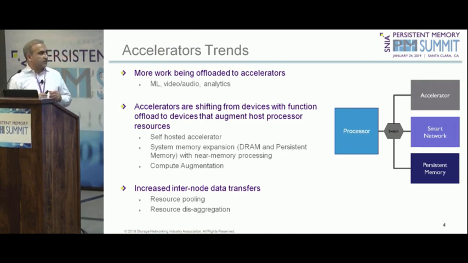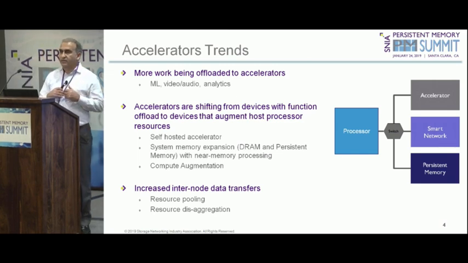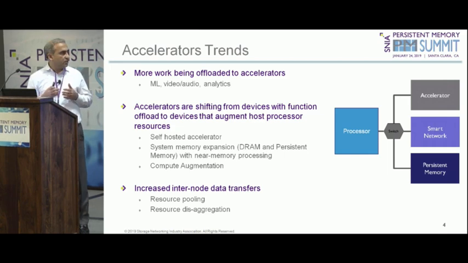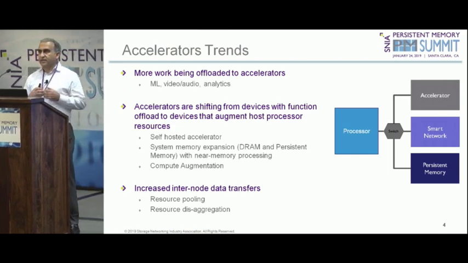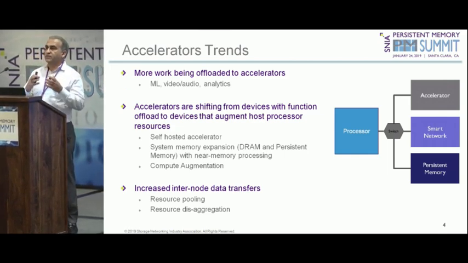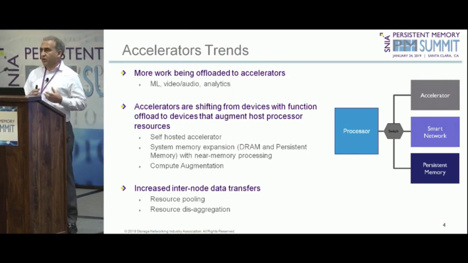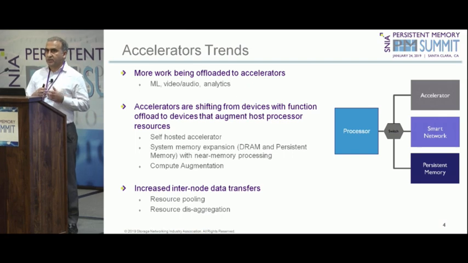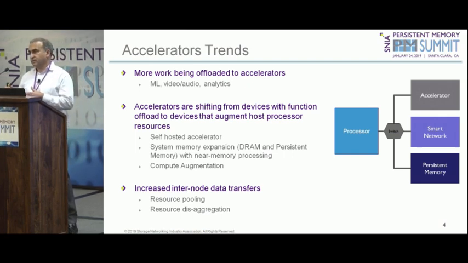The other part is that you want to start thinking about expanding the resources of processors. You do it in two different ways. System memory that is managed by the operating system can be connected not only to the processor sockets, but also to an accelerator device. So accelerator device memory is not private anymore. You can expand out to that, and an operating system can manage it.